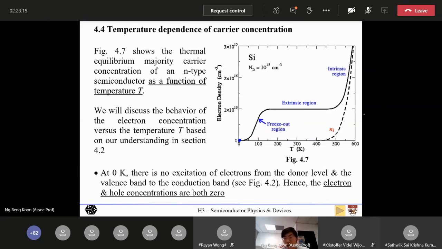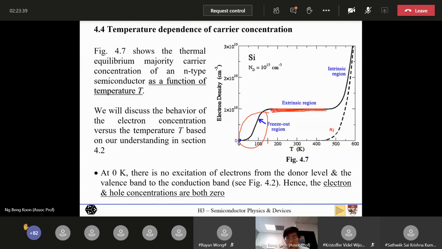Okay, and this graph actually has three regions. You have a region where the majority carrier concentration is slowly increasing, right? In the case of silicon, that occurs up to about 150 Kelvin in temperature, this point here. After which, you notice that the majority carrier concentration stabilizes to some constant value.